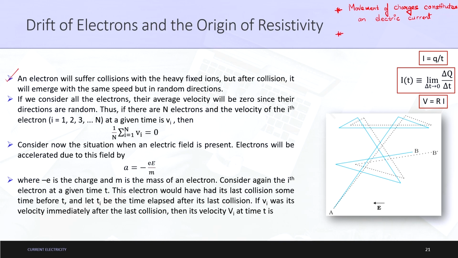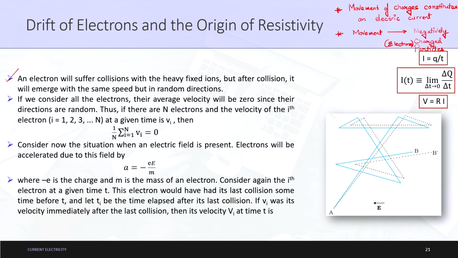Second thing is that in current electricity, the assumption which we made is that this movement of charges will be only due to negatively charged particles, or we can designate them as electrons.